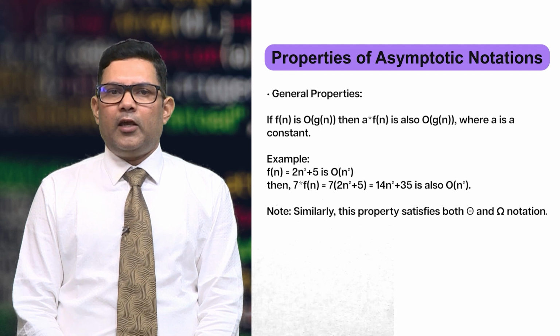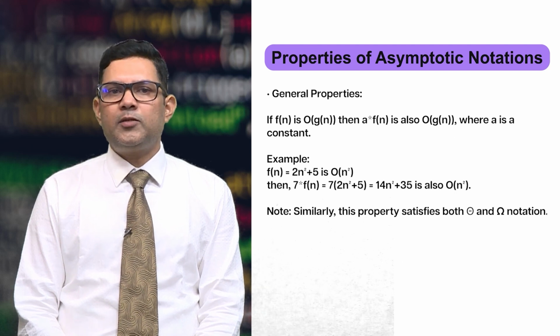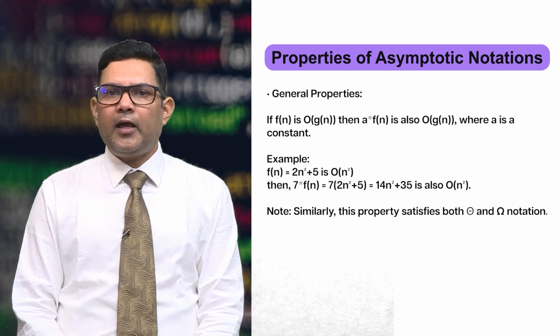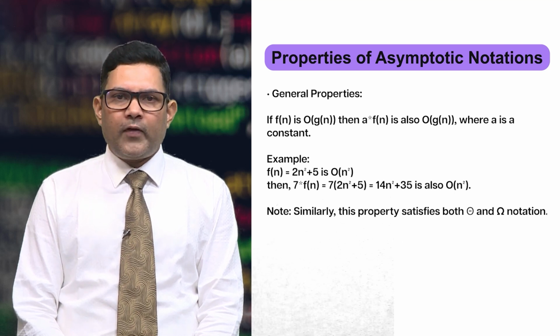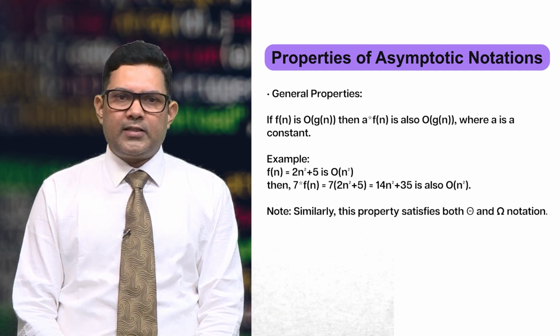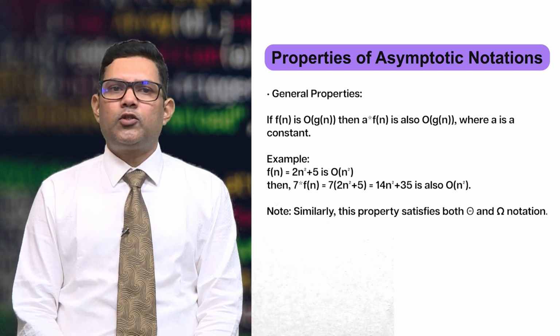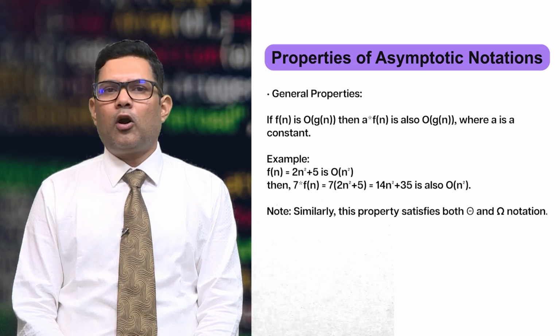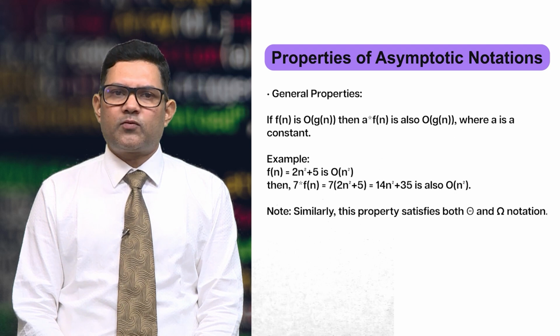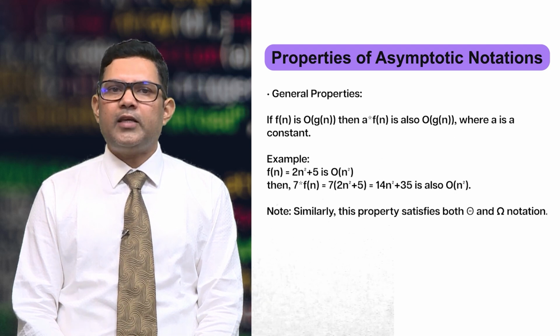That means if a function is given and that function is bounded by big O of g of n, then if we multiply a constant value into f of n, the output will always be of the order of g of n. For example, f of n equals 2n square plus 5 is order of n square, that means the value of f of n is 2n square plus 5 and the value of g of n is n square.